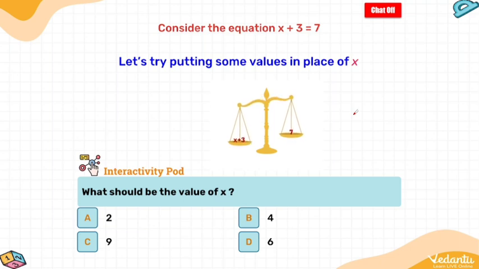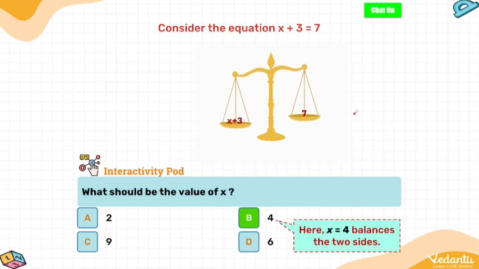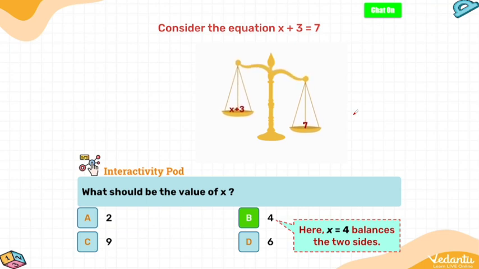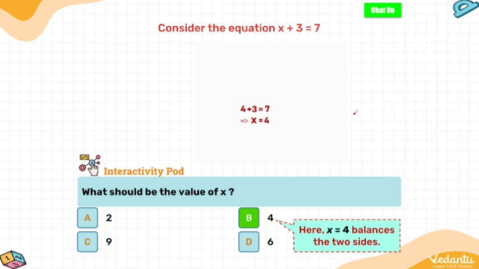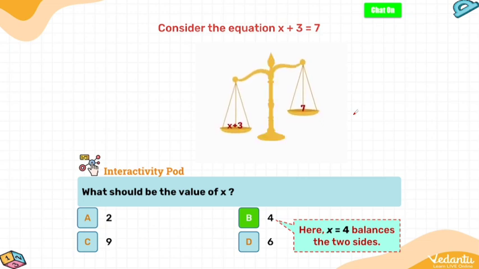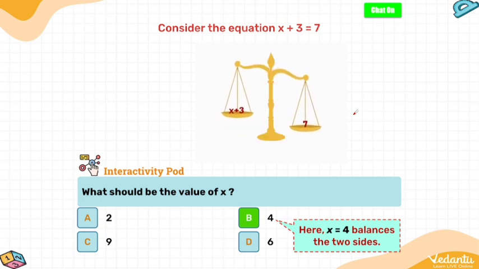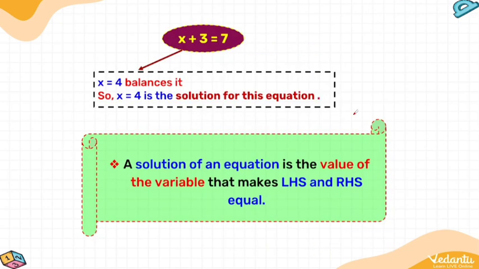Yes, I'm very sure your answer must be 4. And that's what that 4 becomes. That 4 becomes the solution of the equation. You can see here, as soon as the 4 went there, the balance got in a equilibrium condition. Yes, so that 4 is called as the solution.